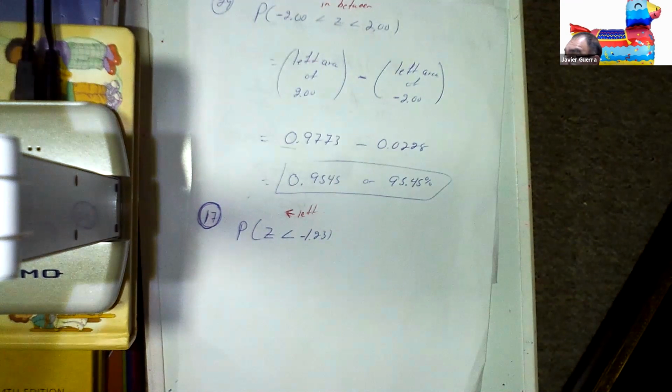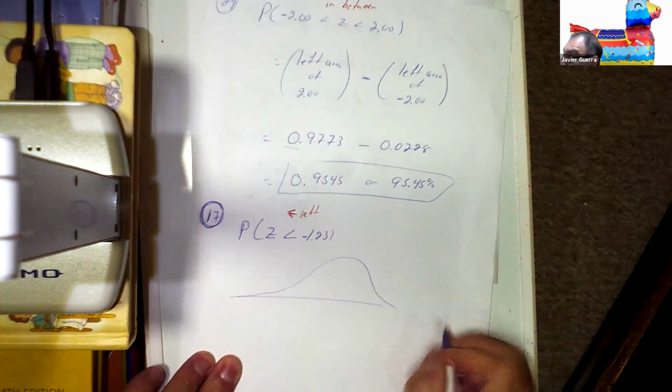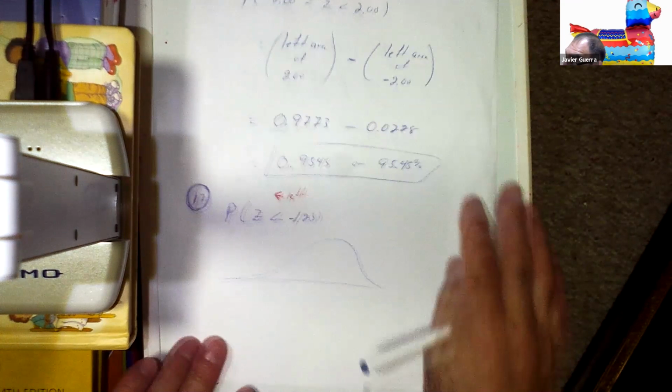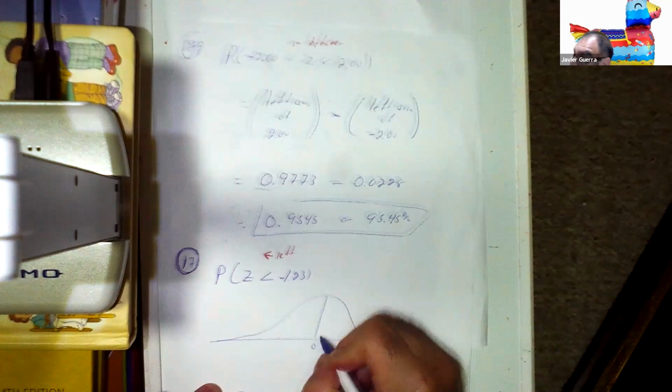I have to draw the picture. I didn't draw the picture in the other one. Oh man, I forgot to draw the picture of the other. Anyways, you can draw it. You can wing it too. You don't have to label the entire graph.